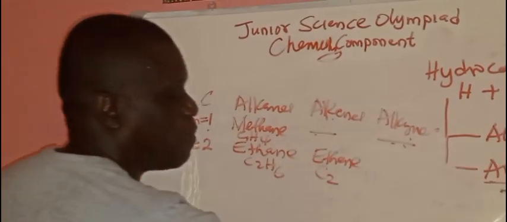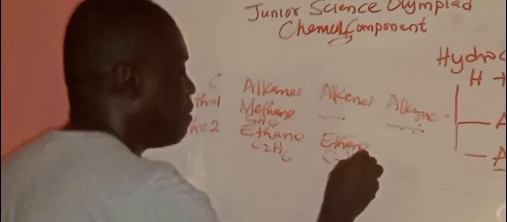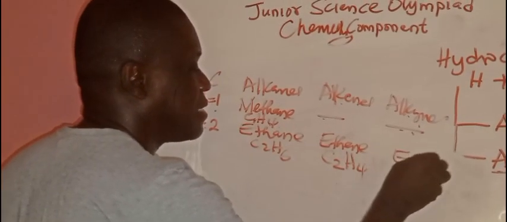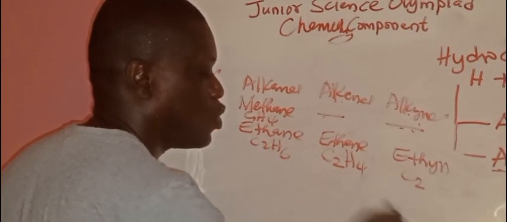Carbon is 2, and for the alkene you use 2 times 2, 4. So this is the formula. For the alkyne, carbon is still 2. 2 times 2 minus 2, so H2. Take note of that.